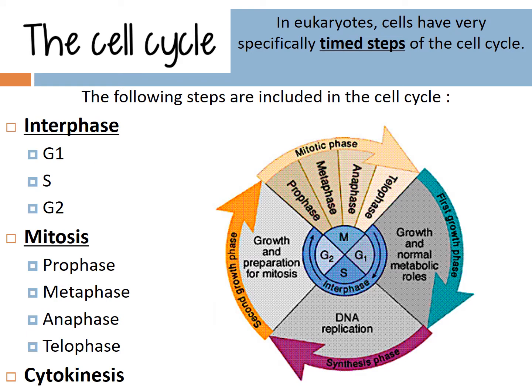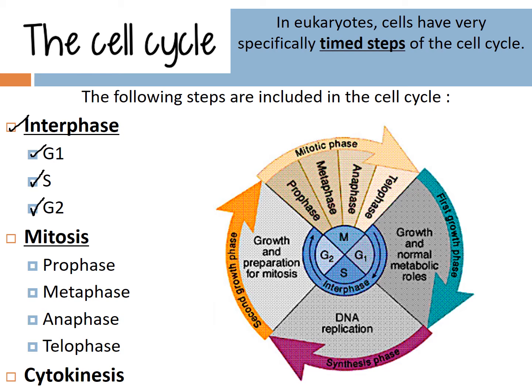Okay, so let's discuss the cell cycle. In eukaryotes, cells have very specifically timed steps of the cell cycle. The following steps are included. We have interphase, and that includes G1, S, G2.